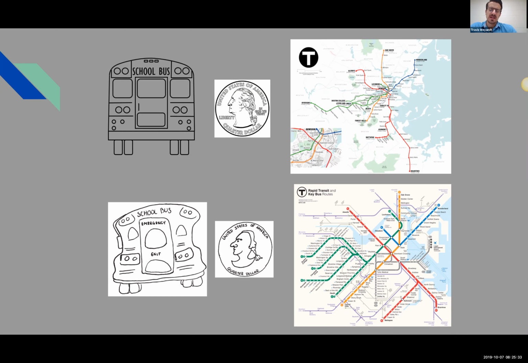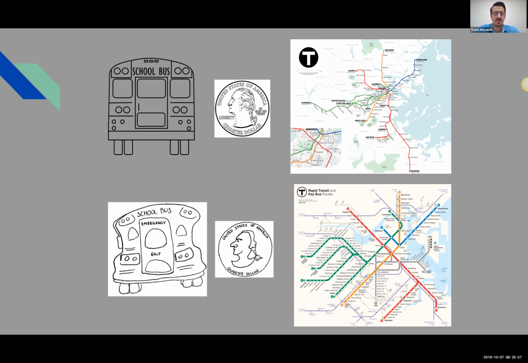Hopefully you're able to write some things down, and I wish we could share them, but one thing I noticed is that the top picture seems to be more detailed and an actual representation of the object in real life. A school bus looks like that picture, a quarter looks like that picture, and a map the same.